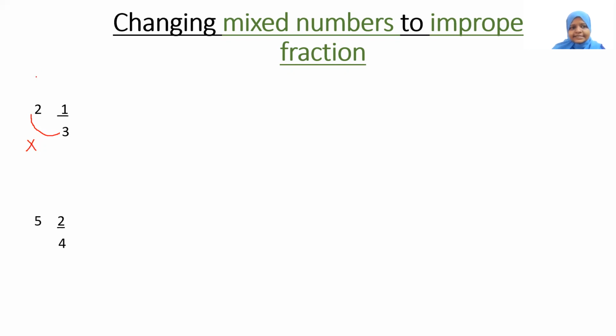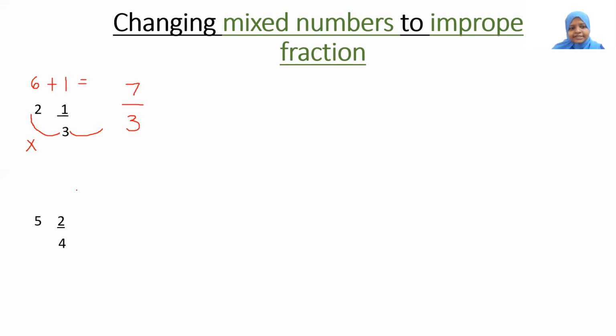That is 6, since 3 twos are 6. After that, with this 6, you have to add the numerator 1, which makes 7, right? Then you write the denominator here. You don't do anything to the denominator. The denominator doesn't change, only the numerator changes, right?